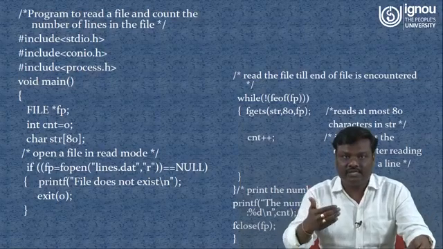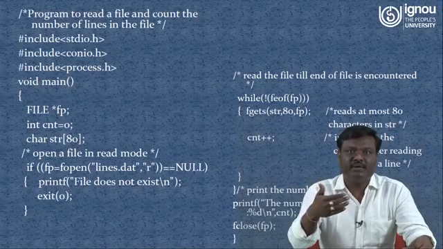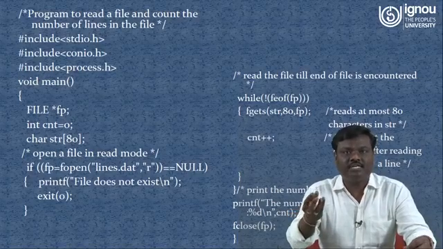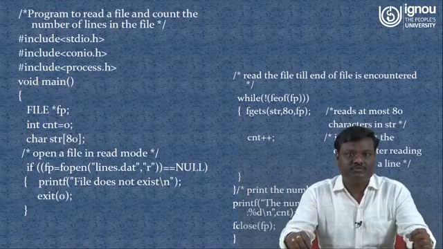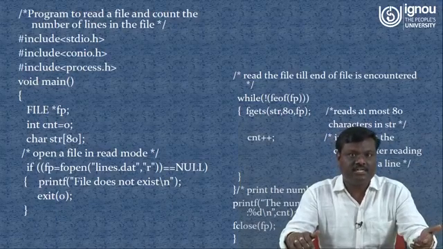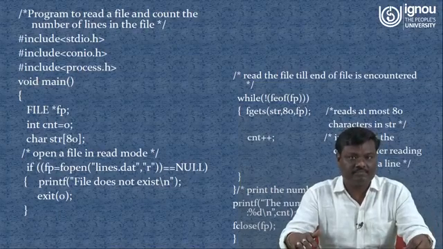We have to read, check, and then display the number of lines in that file, so there is no need of writing. So we are just opening the file in the read mode using the file pointer fp, and the first statement is the check statement, whether the file exists or not. If it doesn't exist, an appropriate printf command is given over there.